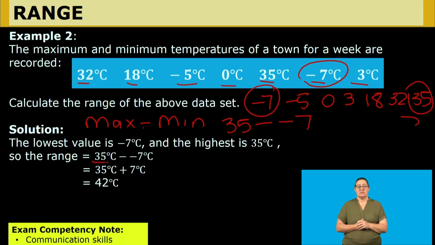That is where you see here it is 35 minus minus 7. If you punch this in your calculator, minus and minus will change and become a positive. Therefore, 35 plus 7 will give us 42 degrees Celsius. This is how you calculate the range if you have a mixture of positive and negative numbers.